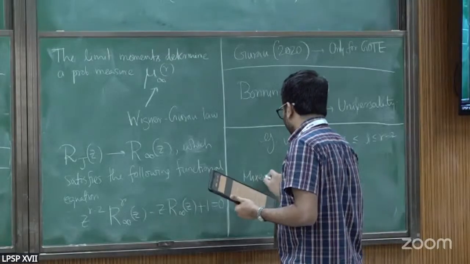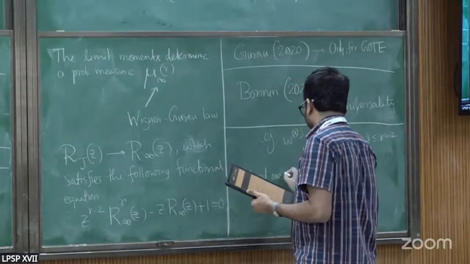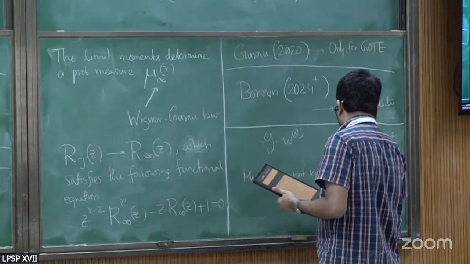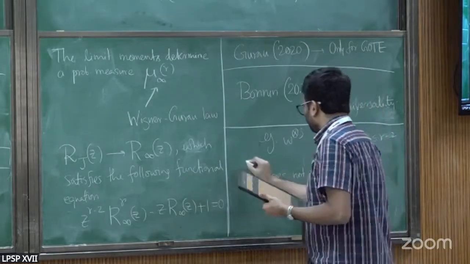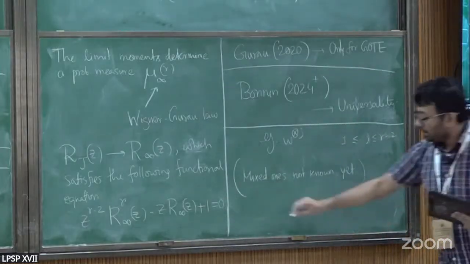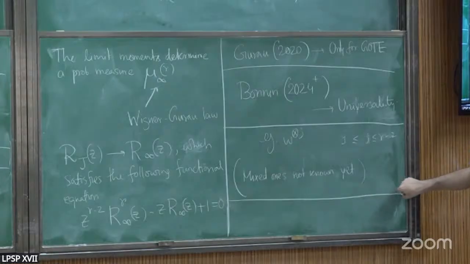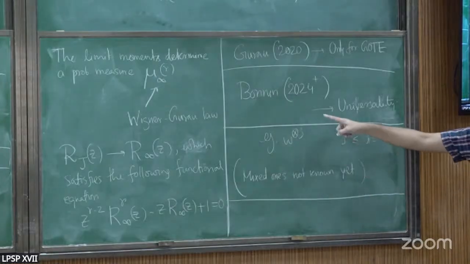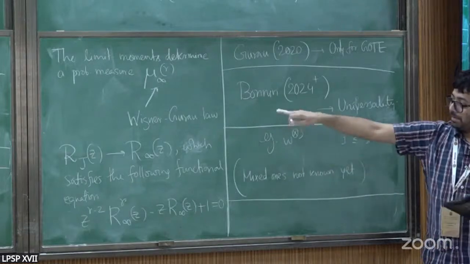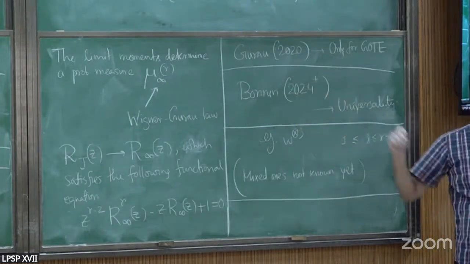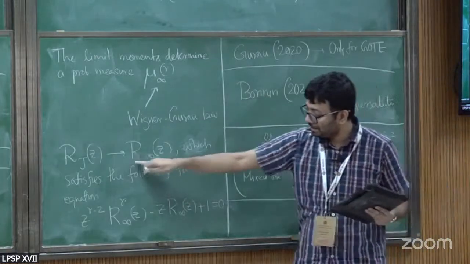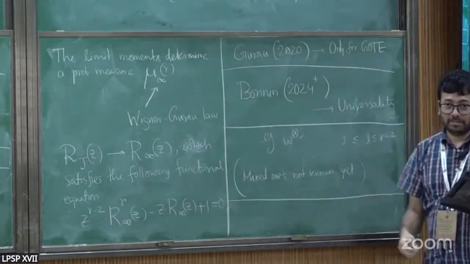That's a good point. And as he was asking, we don't know whether the right endpoint of the support of that empirical law converges to the right endpoint of the support of this Wigner-Gurau law.